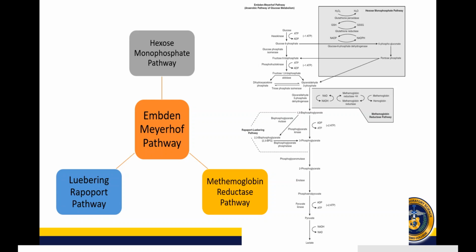It is not only the Emden-Meyerhof that is important, because all these other three pathways are also important in order to maintain the viability of the RBC. Now, these pathways are the hexose monophosphate pathway, the Luebering-Rapoport pathway, and the methemoglobin reductase pathway. And we are going to discuss the importance of each pathway and the different processes involved in each pathway.